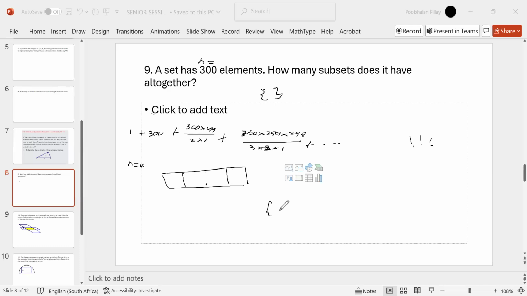I've got 4 elements, A, B, C, D. All right, now watch. I'm going to imagine that these 4 are boxes with on-off switch.